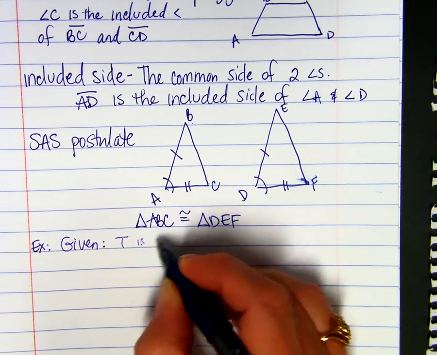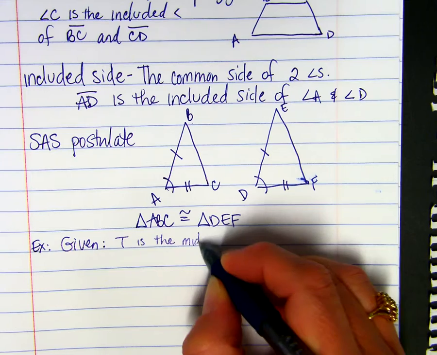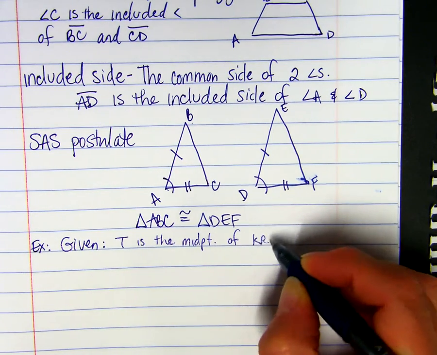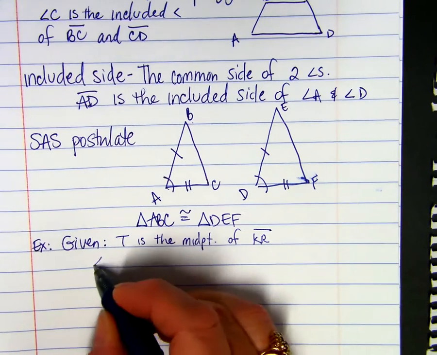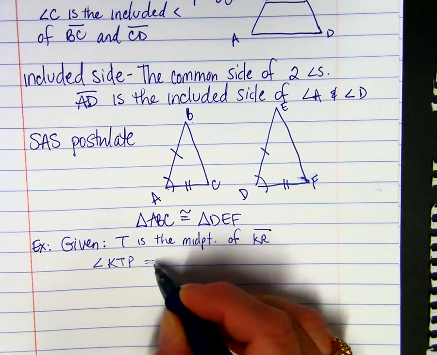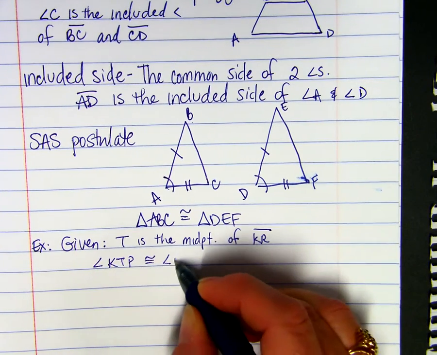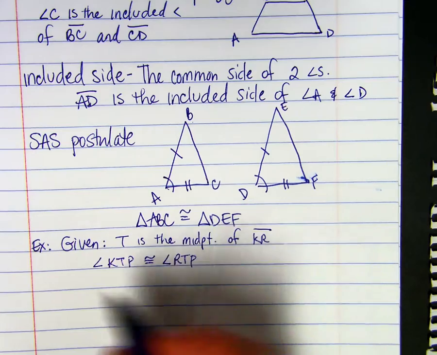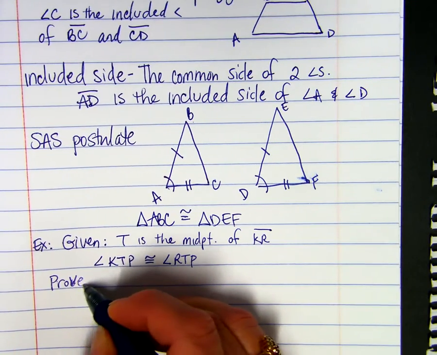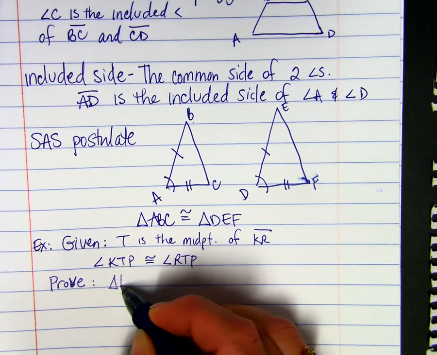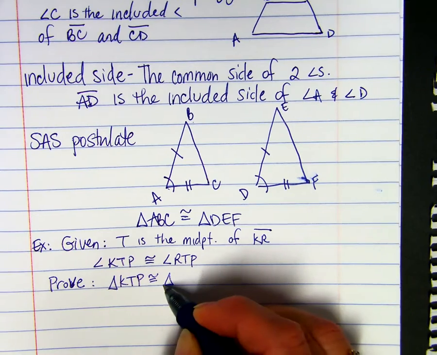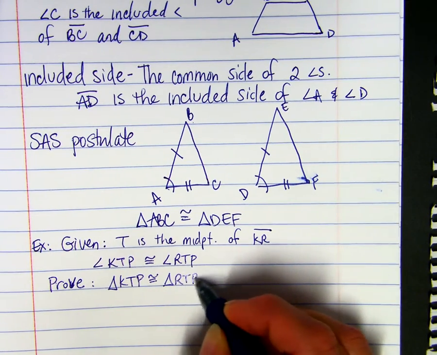T is the midpoint of segment KR, and angle KTP is congruent to angle RTP, and I'll draw a picture with that too. And we want to prove that triangle KTP is congruent to triangle RTP.